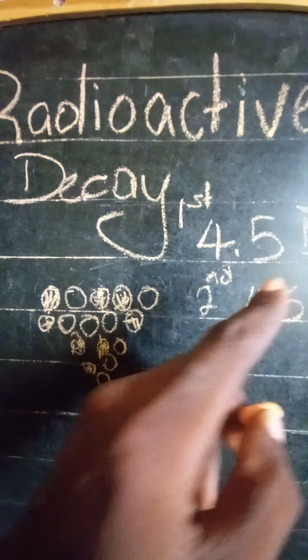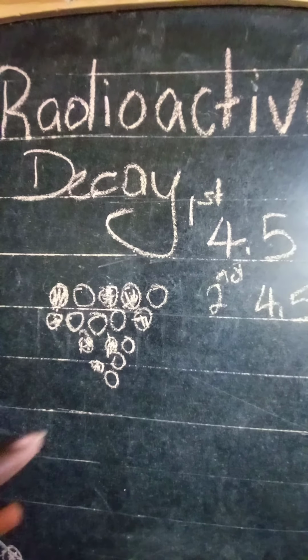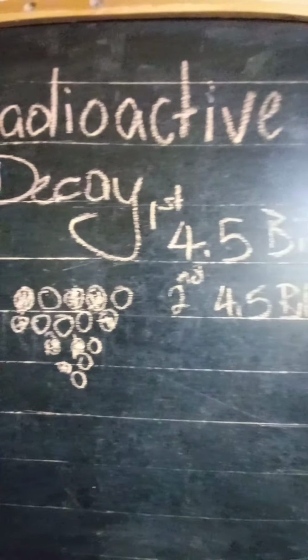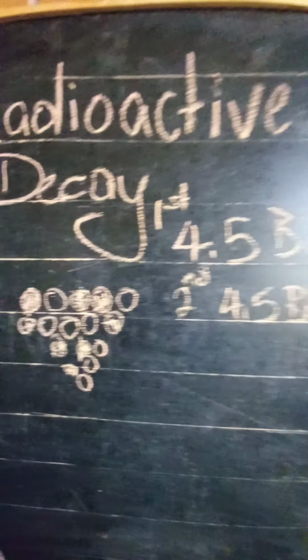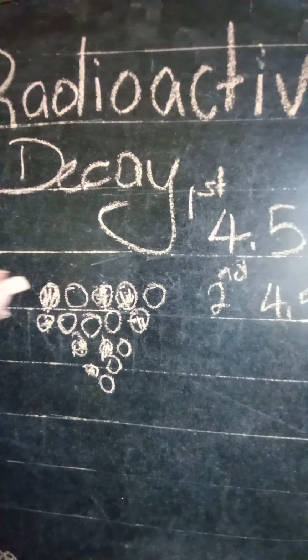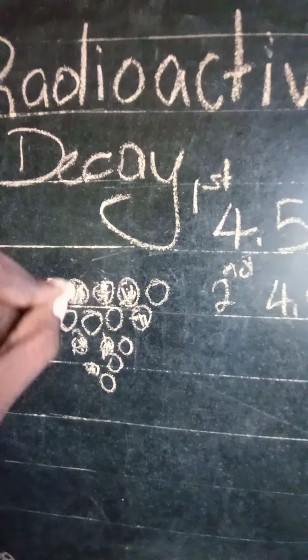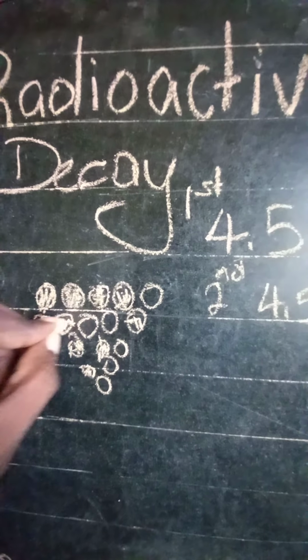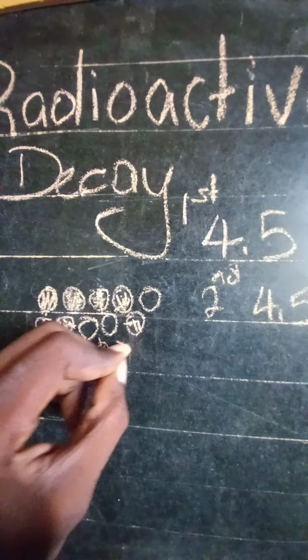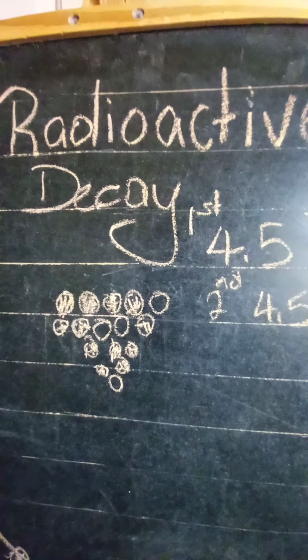So if after the first half-life we were left with 8 nuclides, it will take 4.5 billion years for half of that 8 to actually decay. So instead of all 8, only half of the 8 will decay, which means 4 will randomly decay after the second half-life.